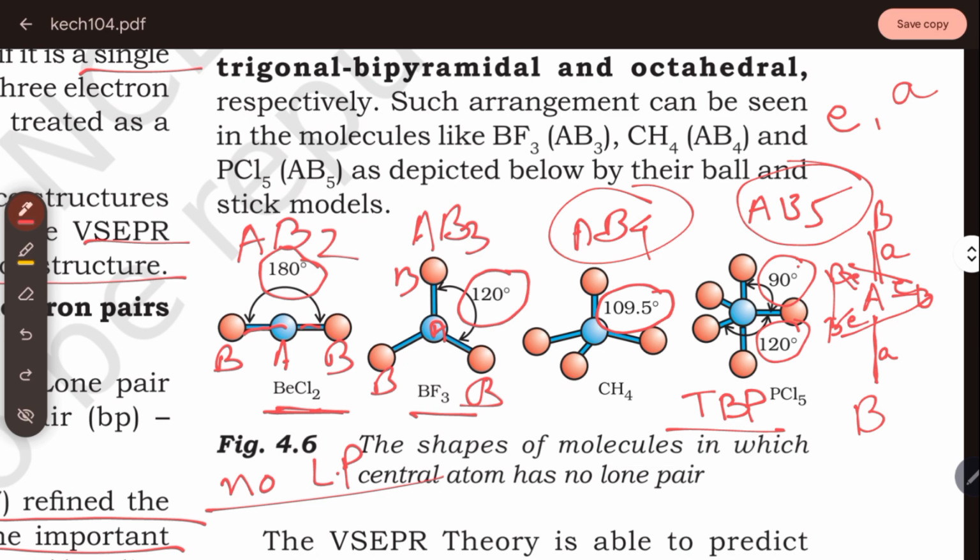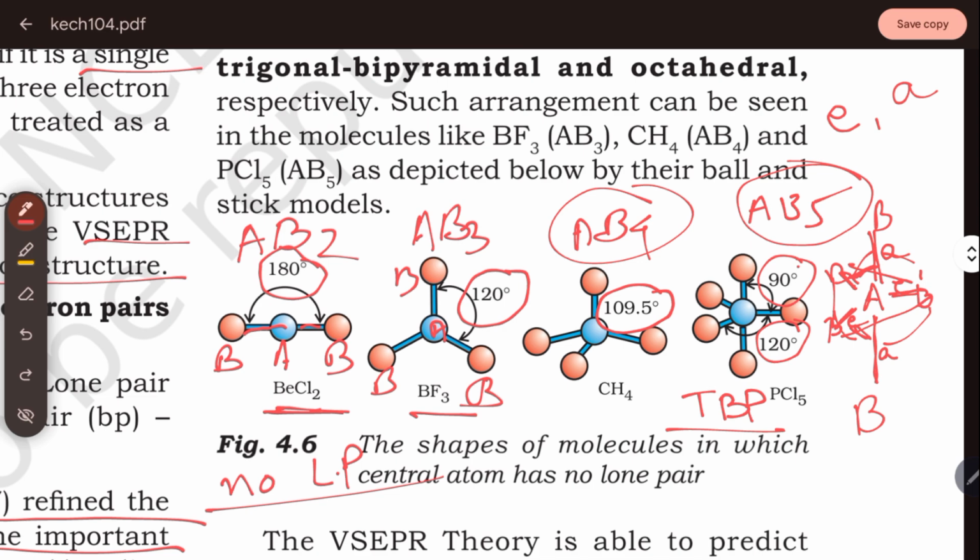In a TBP structure, the equatorial bonds experience less repulsive interaction. Each equatorial bond experiences repulsive interaction at 90 degree only twice, but the axial bonds experience three such repulsive interactions.